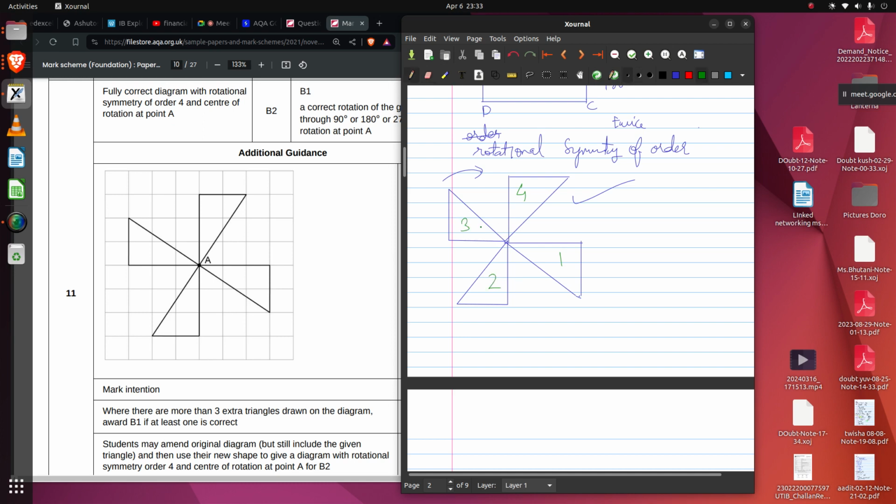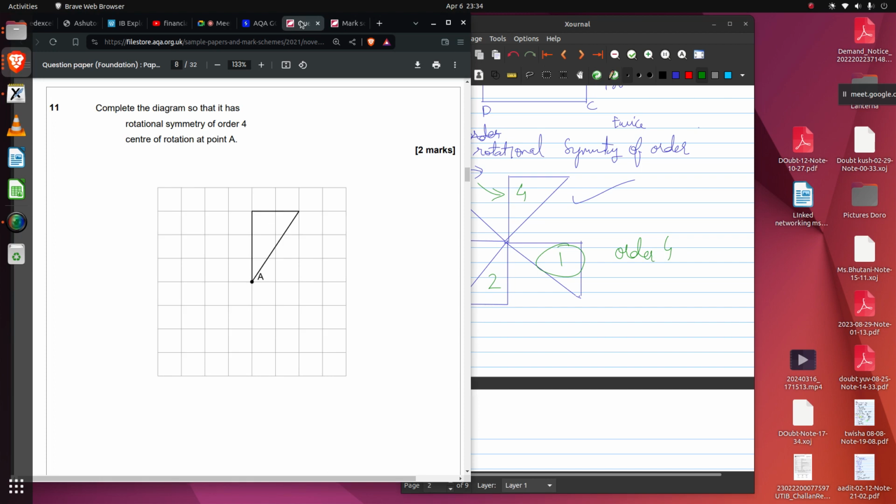So like that, total how many times can I rotate so that after everything you do, the number 1 comes back here? Total how many times can you rotate? You can rotate it 4 times. Good. So that is why you will say that the order is 4. You see?